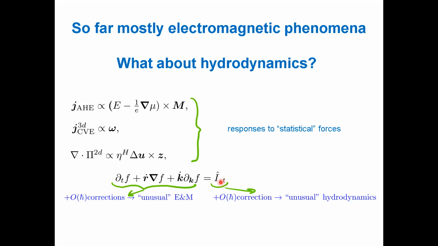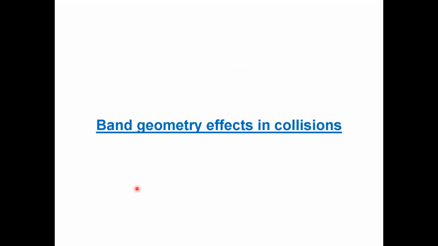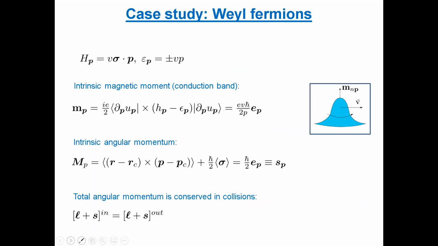Excuse me. So what am I actually talking about? Let's talk about band geometry effects in collisions. By this, I mean how the wave functions of electrons in a material actually affect the way the collisions look in this particular material.